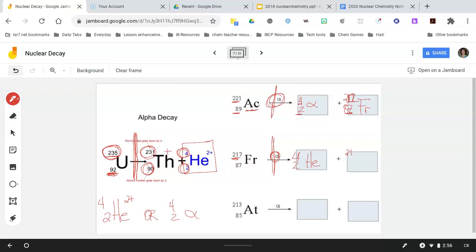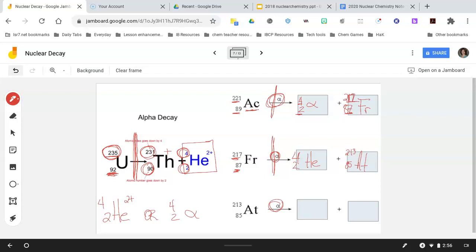What do I add to 4 to be 217? The answer is 213. And then on the bottom, the target is 87. 2 plus 85 matches 87. 2 plus 85 is 87. Then I look up 85 as my new element, and I have astatine, which is an At symbol.